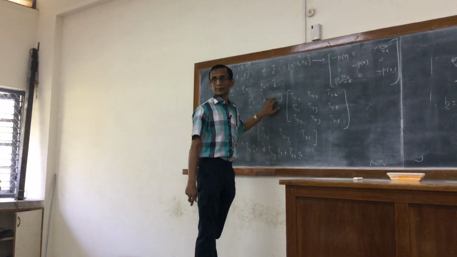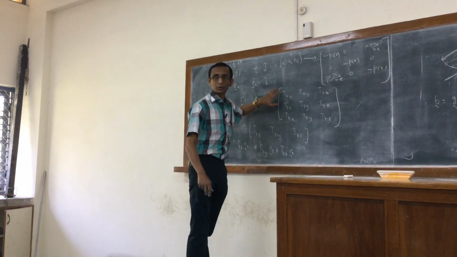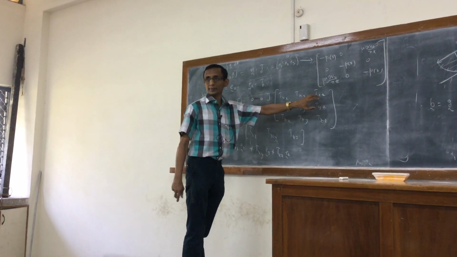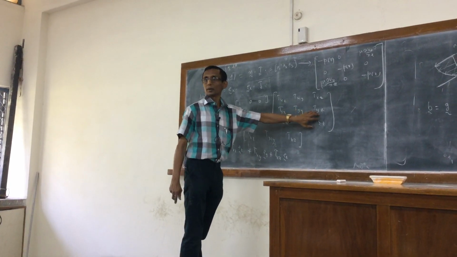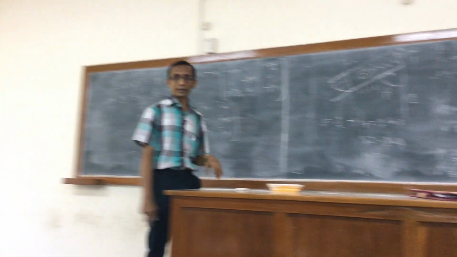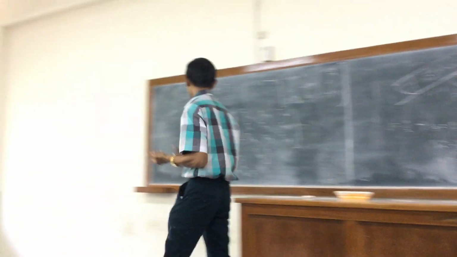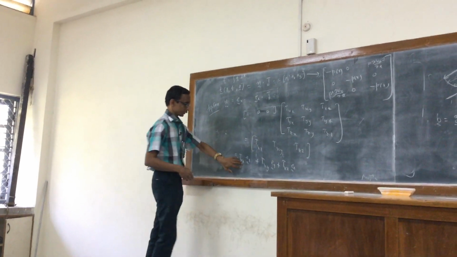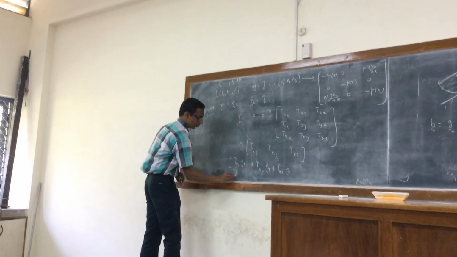Need not necessarily be 1 0 0, because 1 0 0 brings in the first row, 0 1 0 would bring in the second row, 0 0 1 would bring in the third row, and you have a vector form like this. Right? Now, in this case, of course, Txx is minus P.